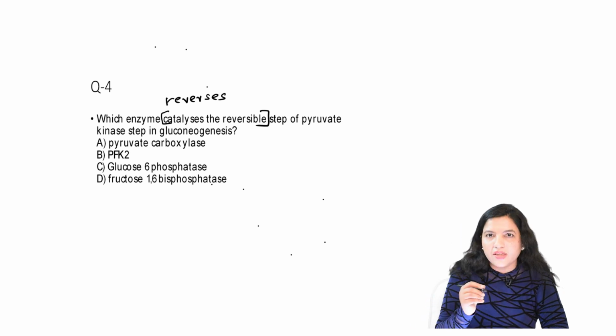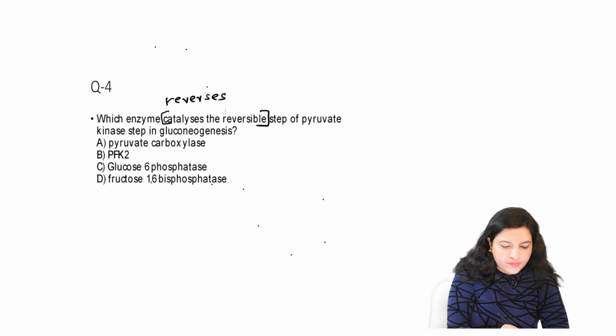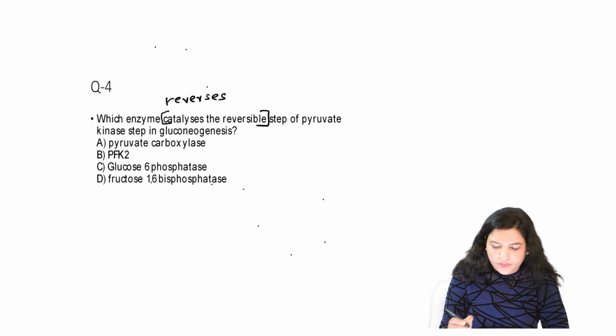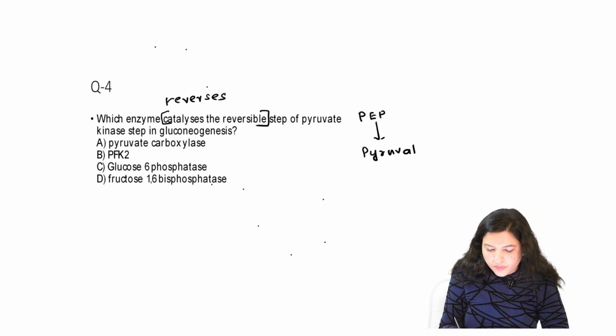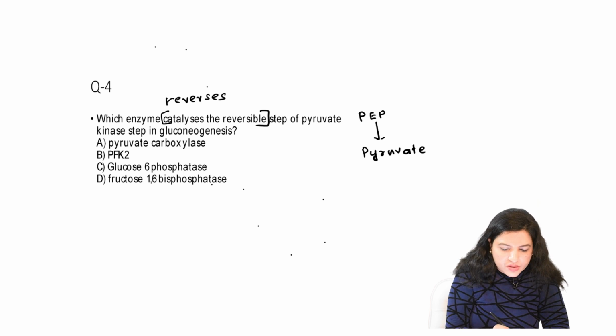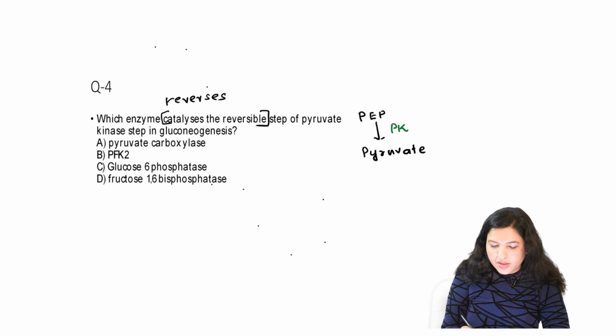We will see these two. For the enzyme pyruvate kinase, phosphoenolpyruvate is converted to pyruvate. This is a step in glycolysis.